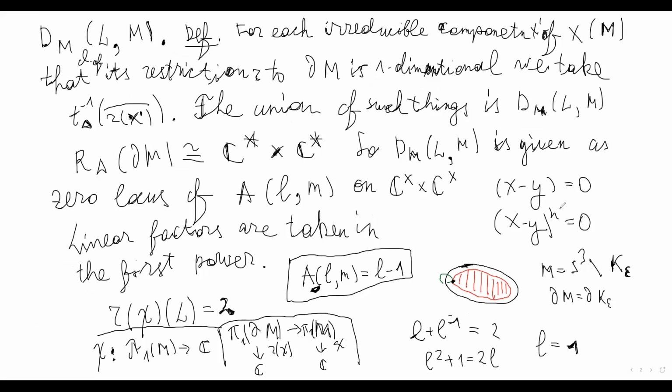So for any linear factor, we want a first power. It was just an example of how we define it. x and y are not any parameters that we are caring about.